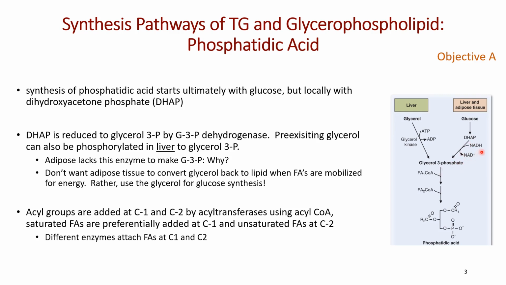How do you know it's reduced? Because you see NADH here. NADH is the reduced cofactor, and it's going to give its hydride to DHAP, which will reduce it to glycerol 3-phosphate, and in the process the NADH will become oxidized, and that gives you the oxidized NAD. So liver and adipose can produce the glycerol 3-phosphate needed to create the triglycerides.